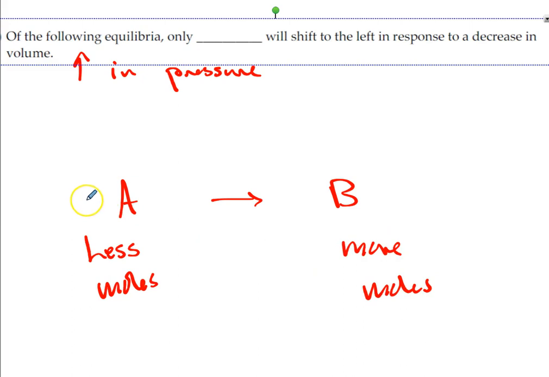So we'd say it's like 1A goes to 2B. That would cause a shift towards the smaller number of moles. Does that make sense? So you add the coefficients, and then only one of the options will have a smaller number on the left than the right. Fair enough?